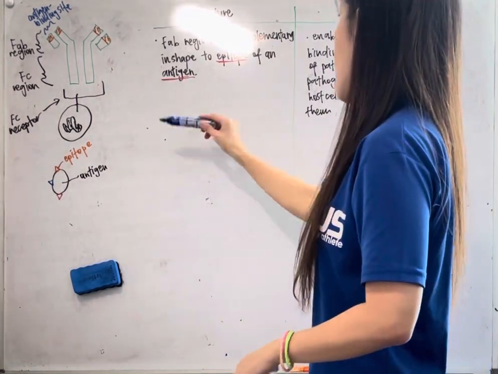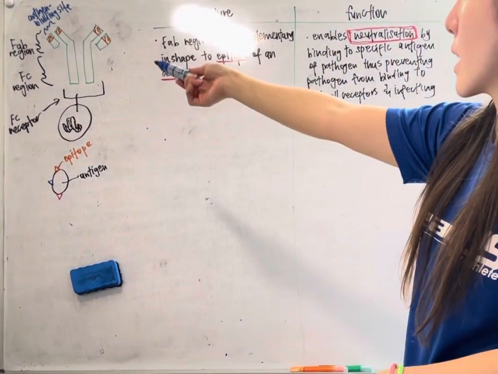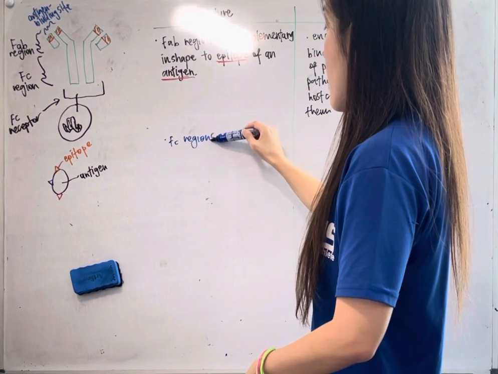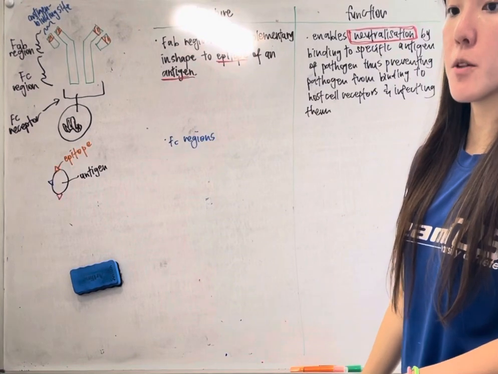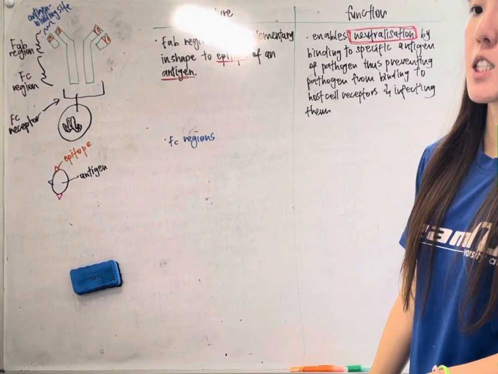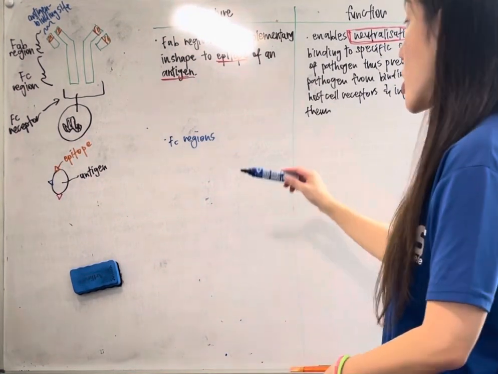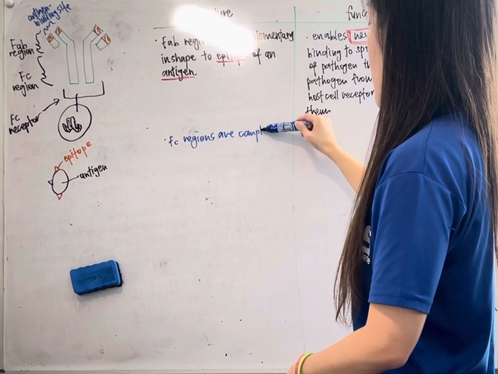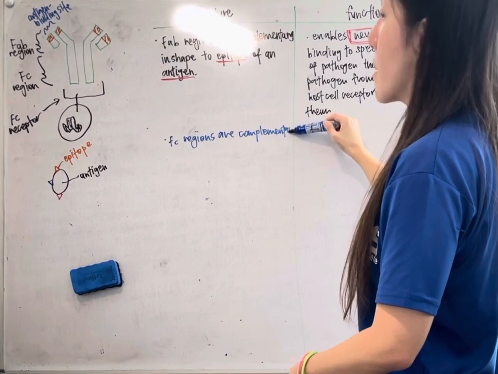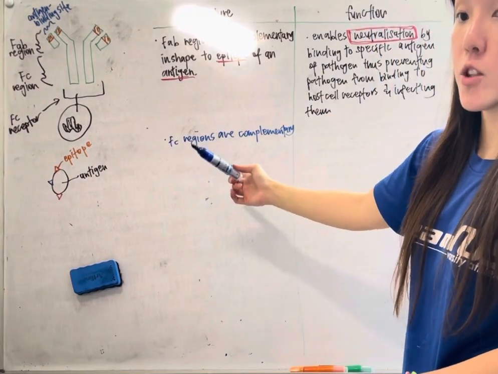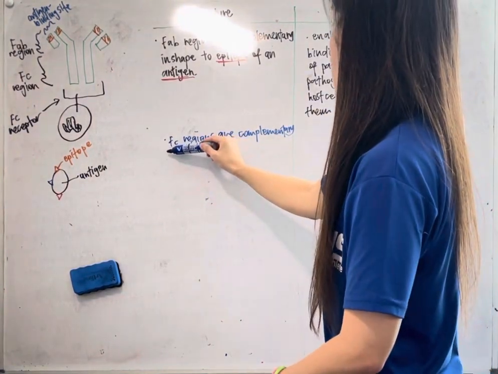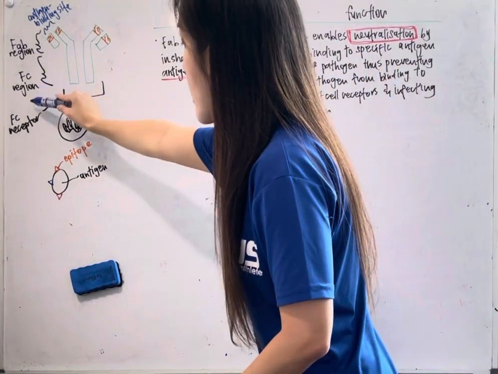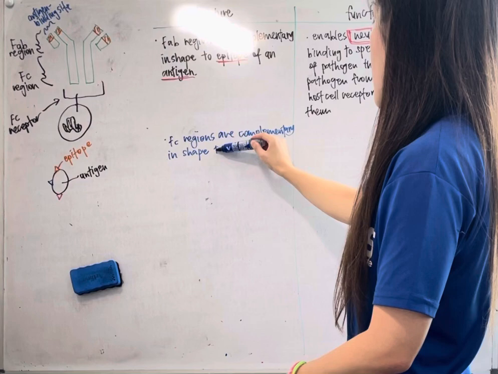Next one. We have the Fc region. The Fc regions of your antibodies, or the constant regions of this heavy chain, have a conformation that is complementary in shape to the Fc receptors on phagocytes. I already showed you the difference between Fc region and Fc receptor.